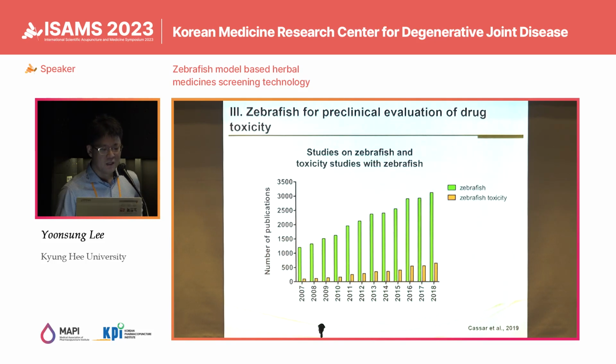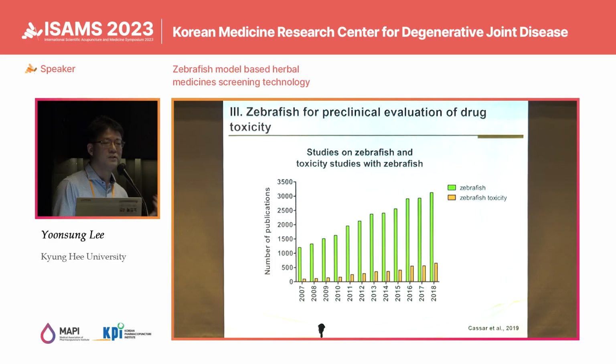And in the zebrafish field, this statistics report shows that the usage of zebrafish is getting increased over the next several decades. Compared to 2007, in 2018 you can see the publication number of zebrafish itself is more than doubled.